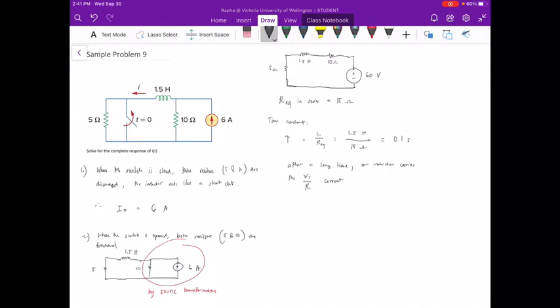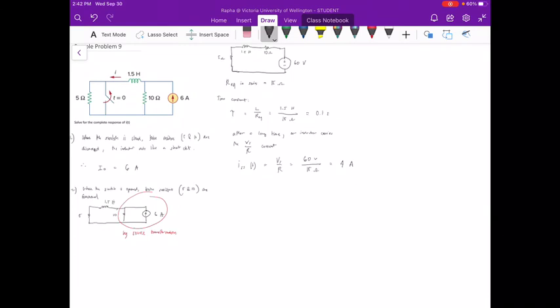So our steady state current I_SS(t) is equal to Vs over R. Our Vs then is equal to 60 volts over Req, which is 15 ohms. We have our steady state current to be equal to 4 amperes.